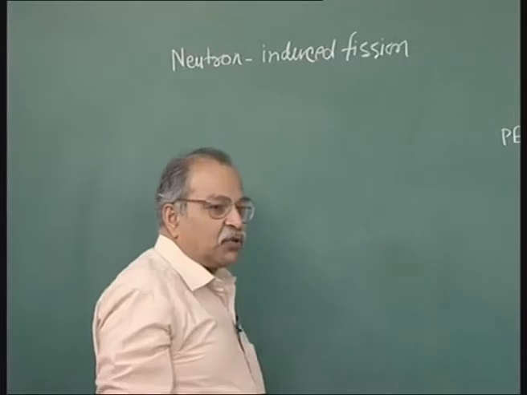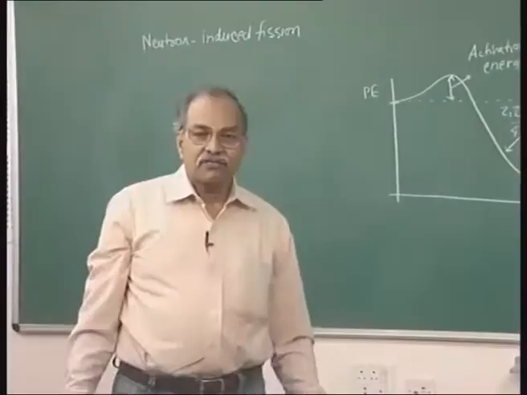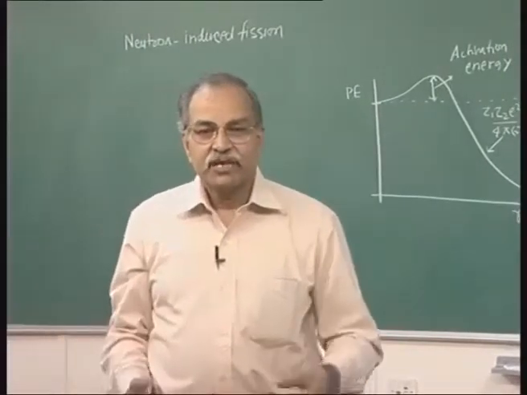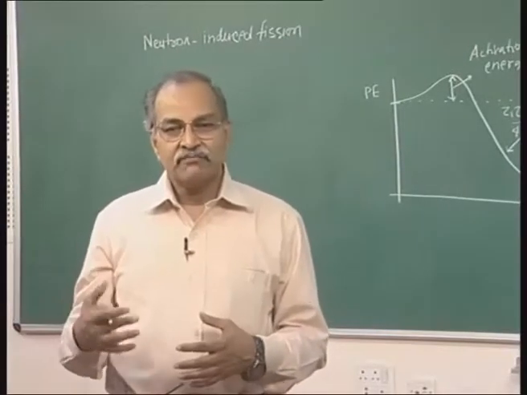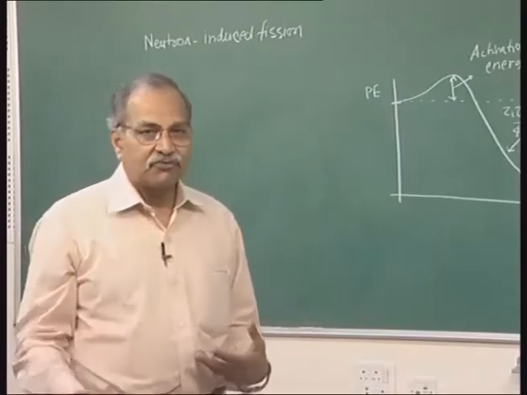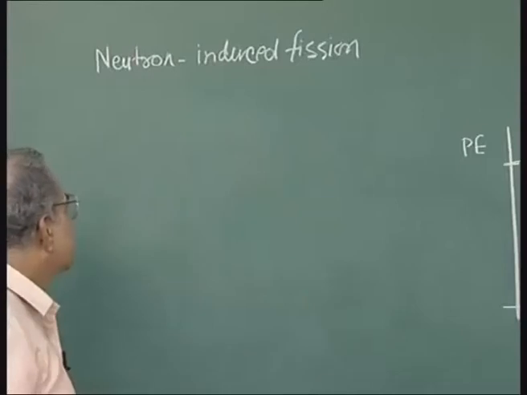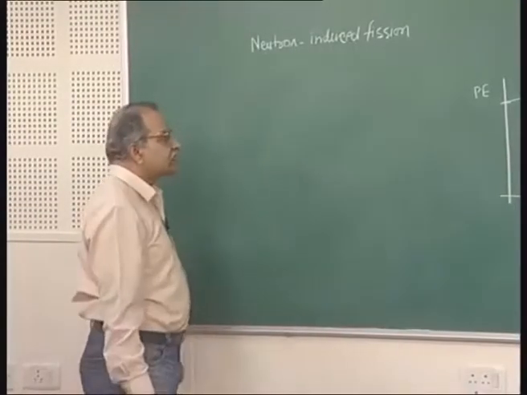That is how this whole field was started, as we discussed last time: historically the fission was discovered in an experiment in which neutron was bombarded on natural uranium, and then barium and other chemical elements were found. So, neutron induced fission is one of the very important fission reactions, which are used in all nuclear reactors and so on.